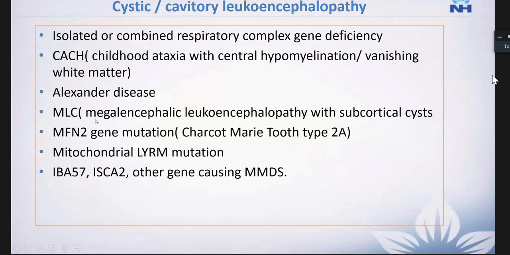Then MLC, that is megalencephalic leukoencephalopathy with subcortical cysts, can have cystic leukoencephalopathy. Not so common, but Charcot-Marie-Tooth type 2A can present with this. And amongst mitochondrial, LYRM mutation also can cause this kind of cystic and cavitary leukoencephalopathy. So these are the examples of cystic or cavitary leukoencephalopathy. And these all have some classical genetic or imaging correlates that we'll be seeing in subsequent slides.